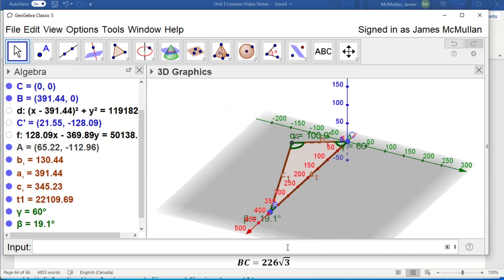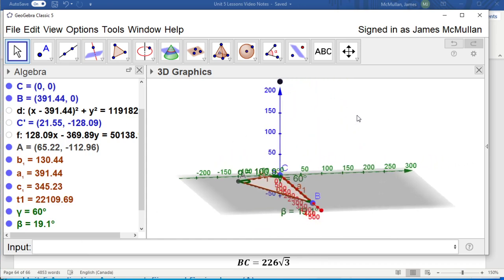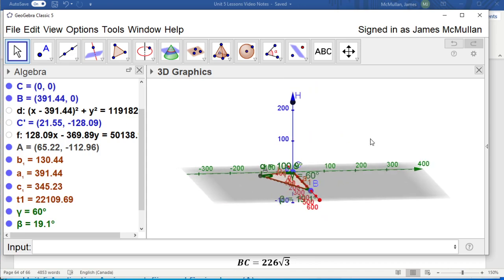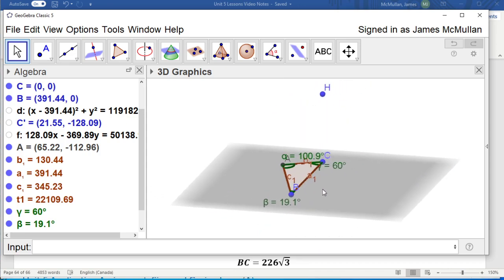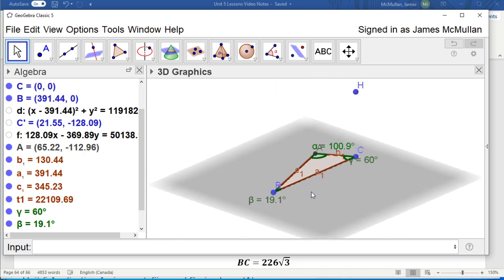Now we know the helicopter, which I'm going to call H, was directly above point C, but it was 226 height above the ground, right? So there's the H, the helicopter. Maybe it would help if we got rid of the axis. Okay, now what do we know?